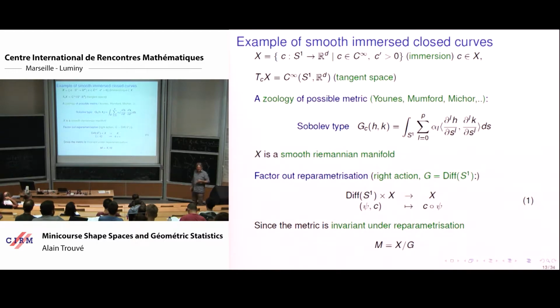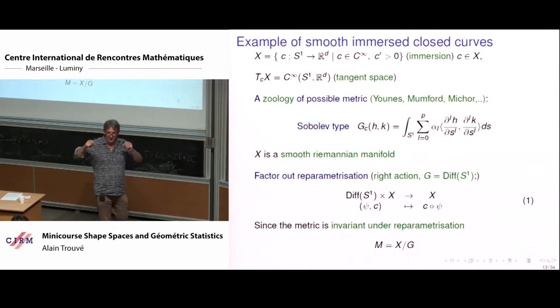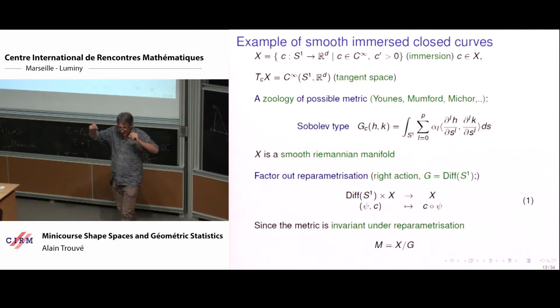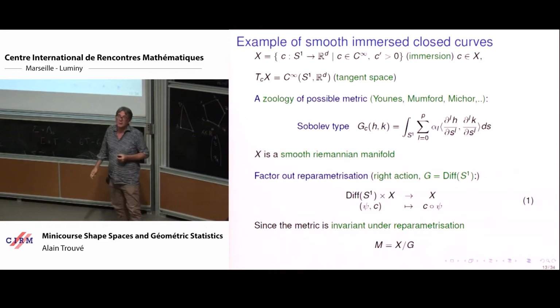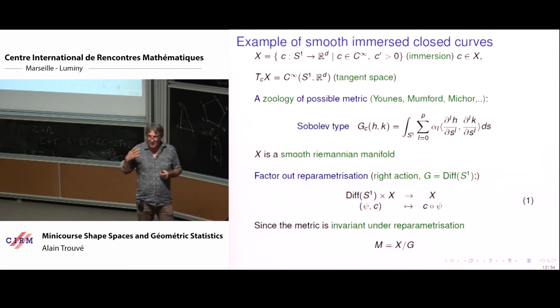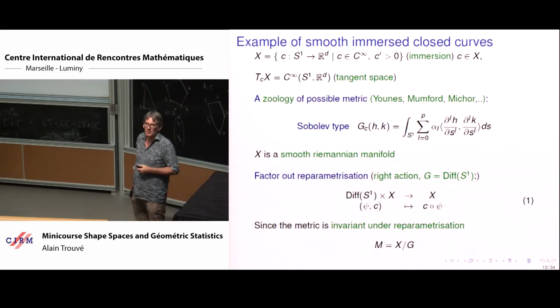What I can say is that the first surprise was if you take the L2 norm, you have a space and you have defined a Riemannian metric, a smooth weak Riemannian metric on that space. But now if you want to compute the Riemannian distance between two different shapes, and you compute the infimum, what you get is that the distance is 0. This is typically a phenomenon you have in infinite dimension, not in finite dimension.